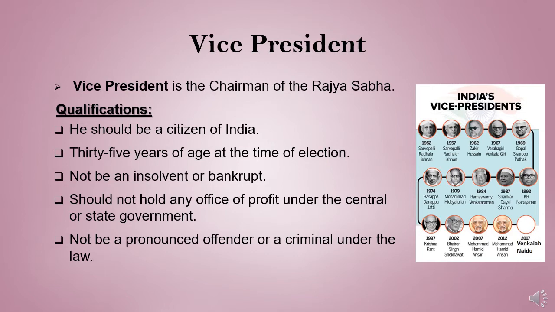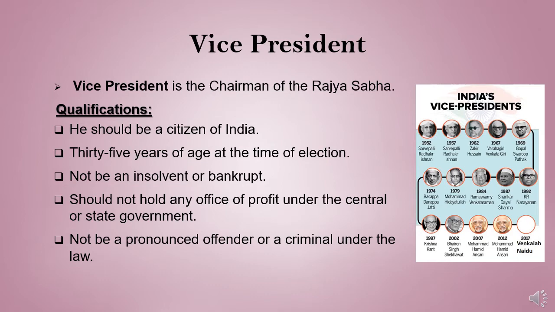Not be a pronounced offender or a criminal under the law. And most importantly, he should not have any criminal case, theft or robbery case, or any kind of case on his name. Okay, so these are the qualifications for the vice president.